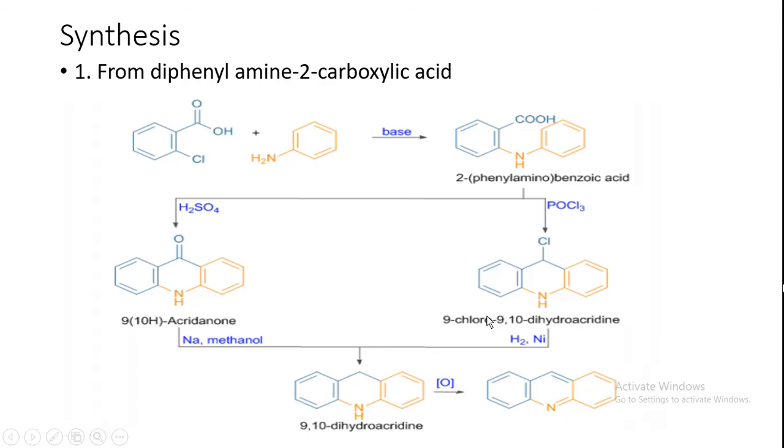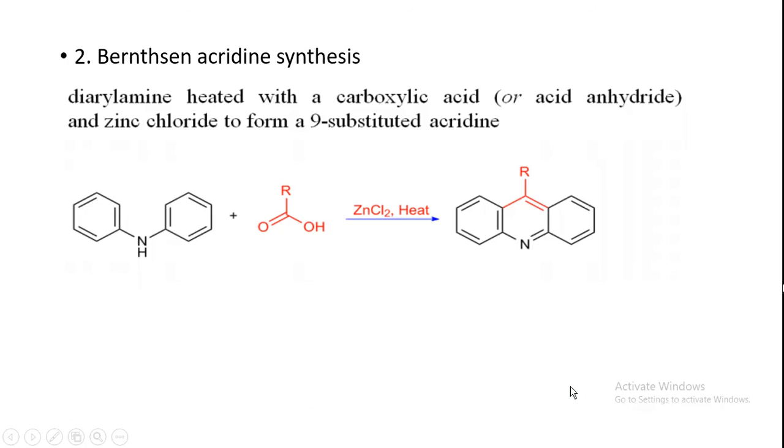Here from this compound 9-chloro-9,10-dihydroacridine, if you do reduction with nickel and hydrogen, you will get again this compound, that is 9,10-dihydroacridine. Then you do oxidation, that means removal of hydrogen from the 9 position and 10 position. So ultimately you will get the product acridine. Okay, so this is one method.